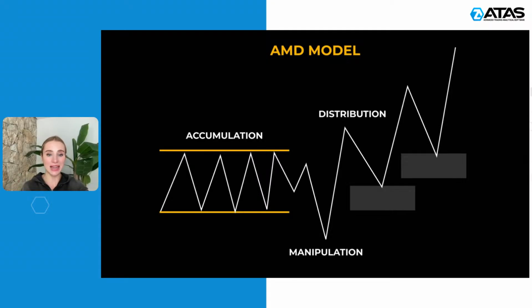A breakout is coming sooner or later, but the timing and direction are yet unclear. So we are waiting for the next phase to enter the market. Although trading from the edges of accumulation might seem like the safest scenario, I personally prefer to wait for manipulation and distribution before entering the trade.